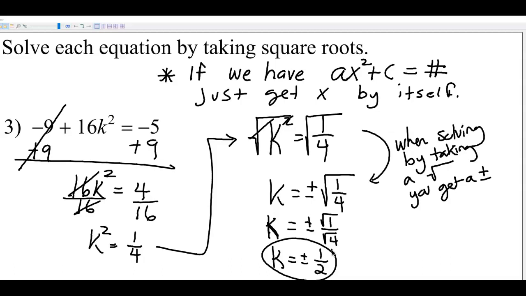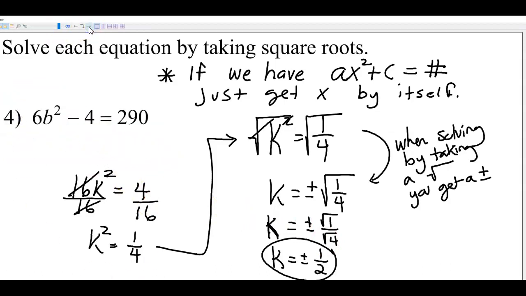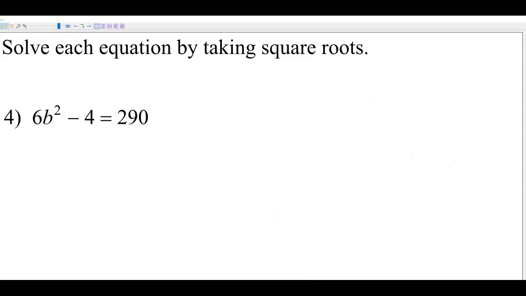So let's go ahead and take a look at a student practice problem. See how you guys do with that one. I'll give you a little bit of time. So, Michael, what did you do first? That is right. All right.